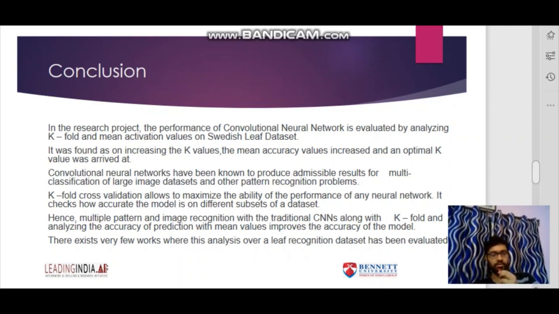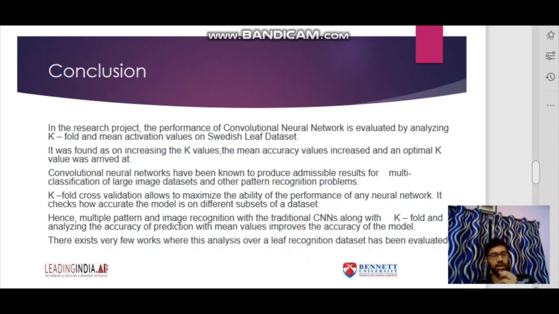Generally, convolutional neural networks have been known to produce admissible results for multi-classification of large image datasets and other pattern recognition problems. K-fold cross-validation, which is a model evaluation technique, allows us to maximize the performance of any convolutional neural network.